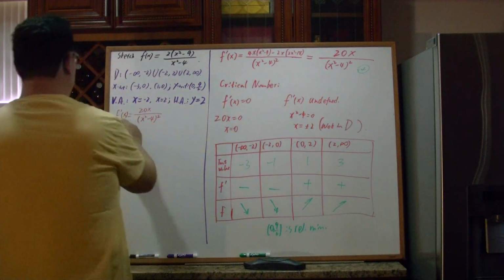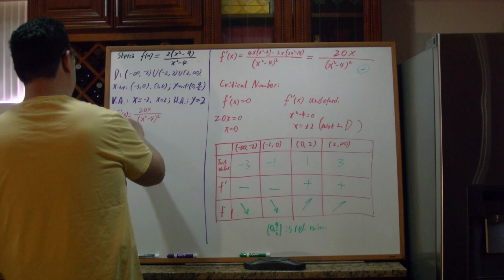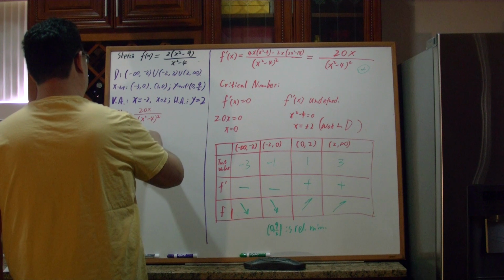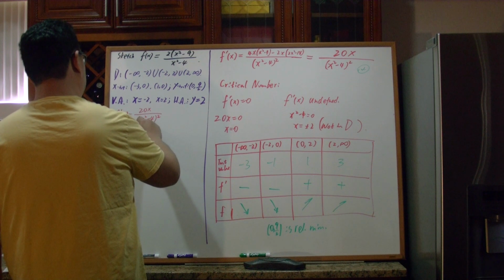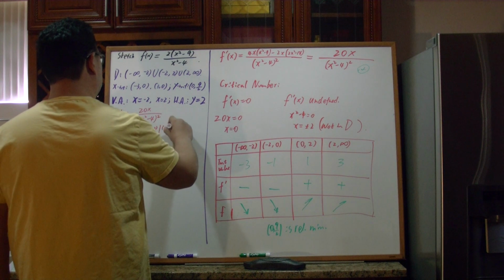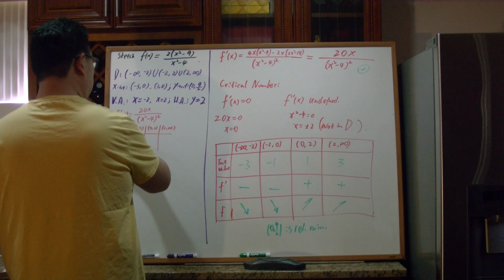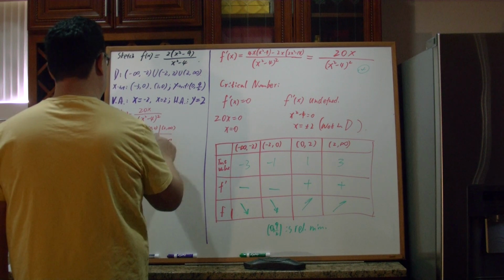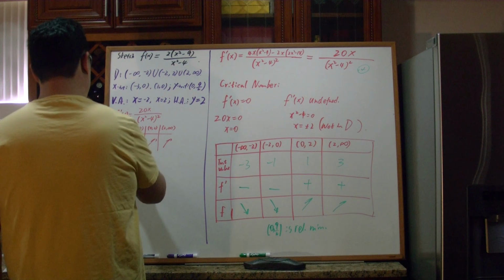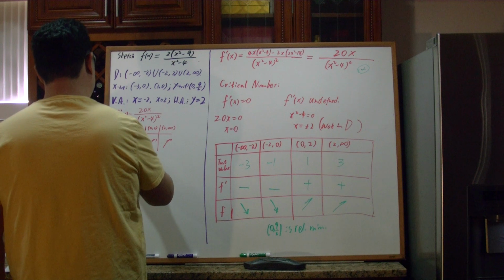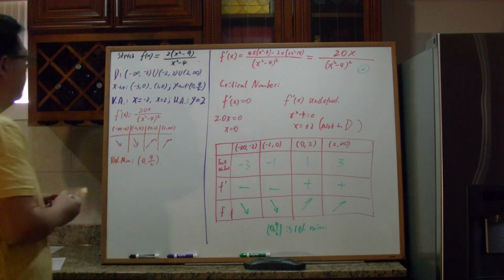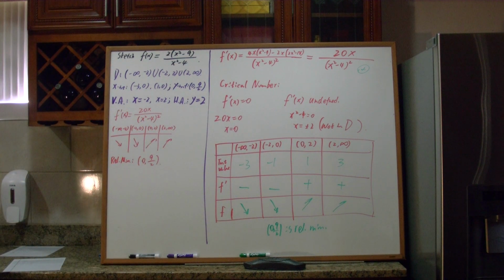So we can draw a small table here: negative infinity to negative 2, negative 2 to 0, 0 to 2, and 2 to infinity. We get decrease and increase for our function. And we have the relative minimum is the point 0, 9/2. That's what we get from the first derivative.